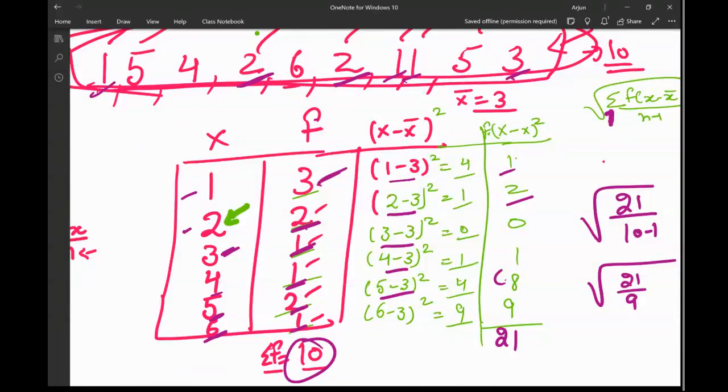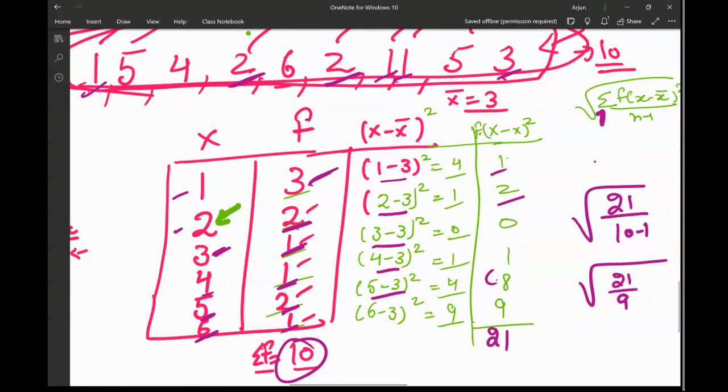And then 6 minus 3 is 3, 3 squared is 9. And I am missing just a 10 here.